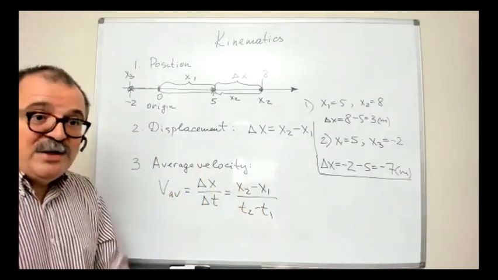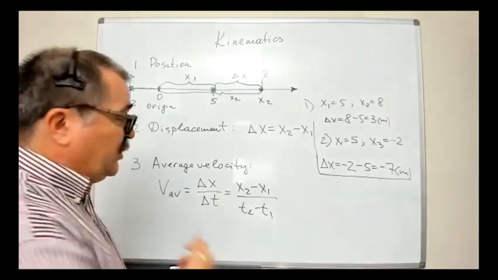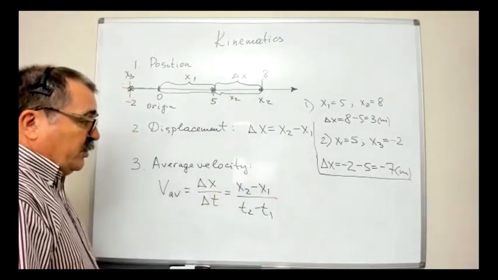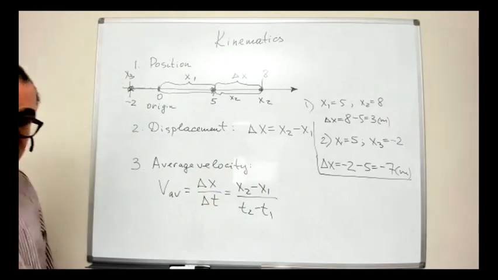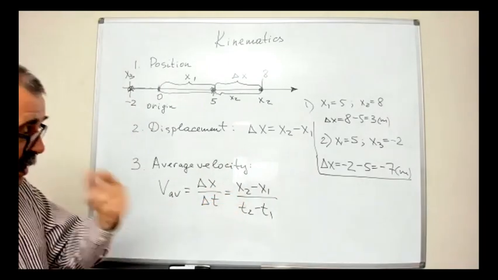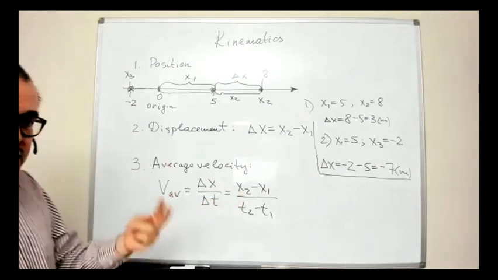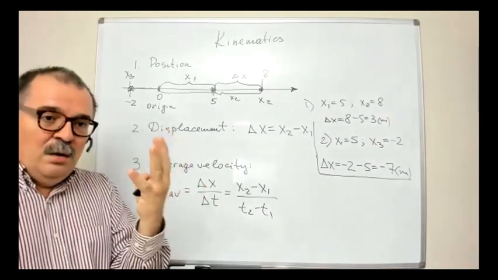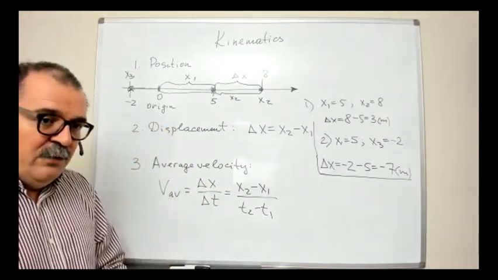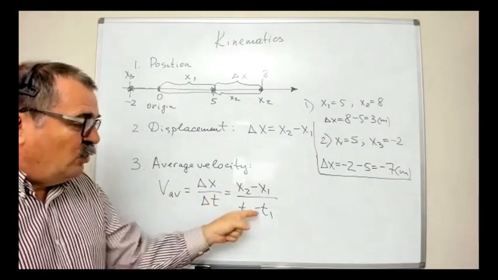So we'll see how many seconds or hours it takes to complete this motion. So this is average velocity. As you can see in this formula, in order to get average velocity, you have to know four numbers: x2, x1, t2, and t1.